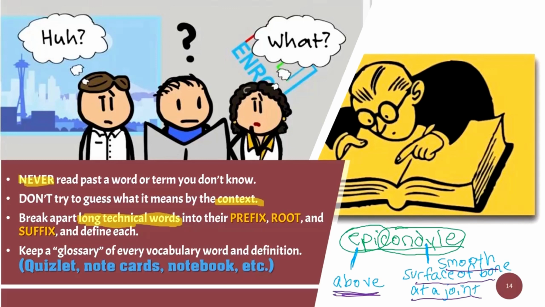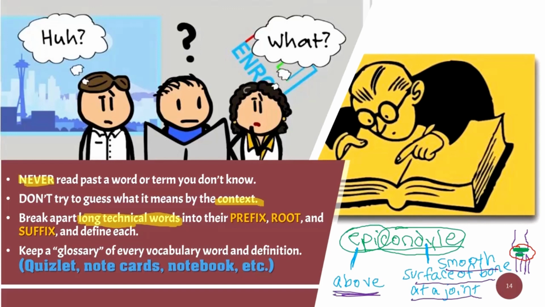So an epicondyle, if you have, here's the little bone for your elbow, here's your upper bone, and then here's your lower bone, and here's your radius. So here's the joint, right? Your condyles are going to be this smooth flat surface right here at the bottom of this bone, and the smooth flat surface right here at the top of this bone.